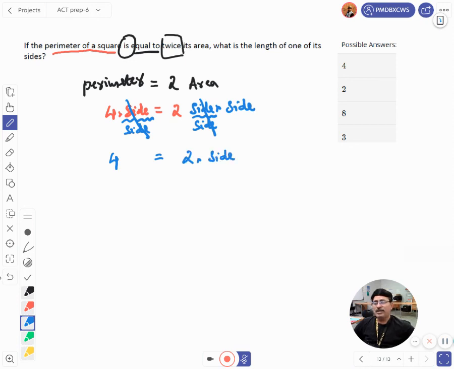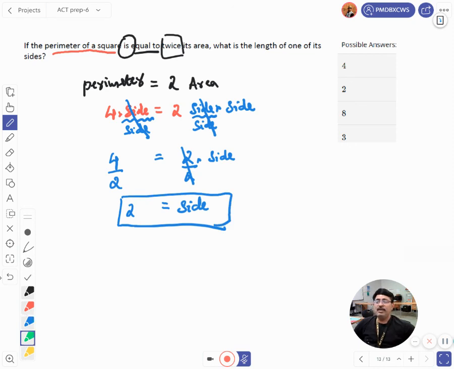Now you know how to isolate side, like the variable, division by 2, you get that side equals 2 units. When you look at the question, it may appear really difficult, but you write the condition, which is perimeter equals 2 times the area, and write the formula, then you get the answer.